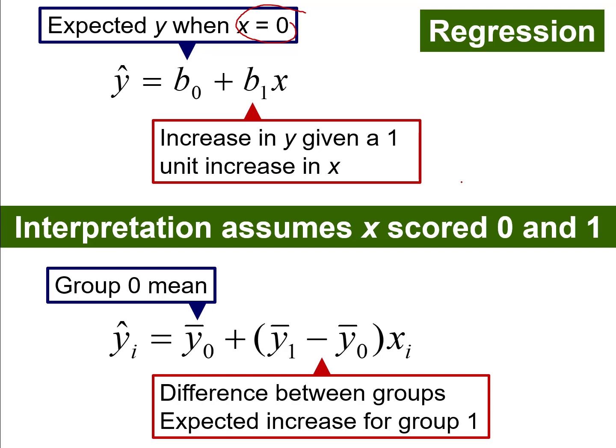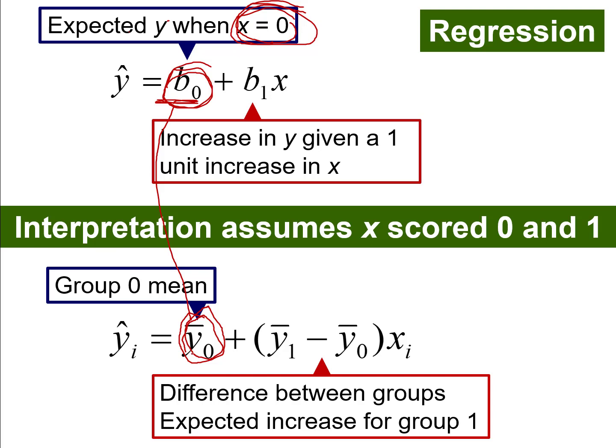Well, their predicted score is simply the mean of whatever group they're in. We talked about that in the previous video. So if someone's predicted score is simply the mean for whatever group they're in, if they're in group 0, then the expected y when x equals 0 is simply the mean for group 0. So our intercept right here, beta naught, is the same thing as this mean for group 0 I have down here in the bottom equation.